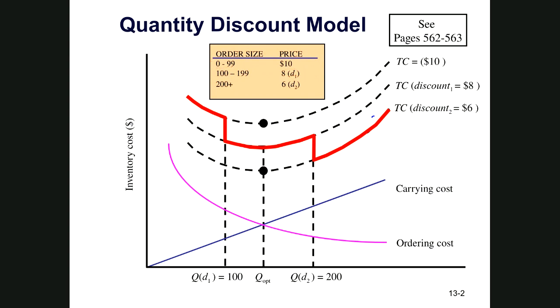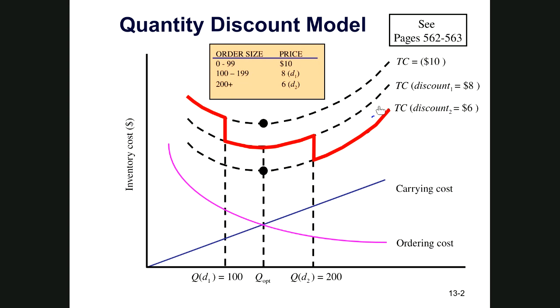And so what happens, because the holding cost and the ordering cost remain the same, the ordering cost curve is here, the carrying cost curve or line is here, and because the purchase prices change, it creates three different total cost curves.